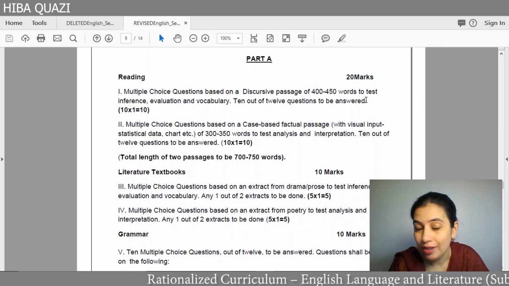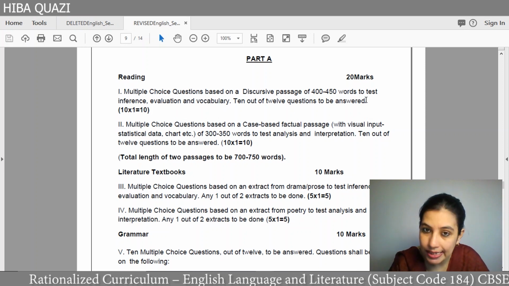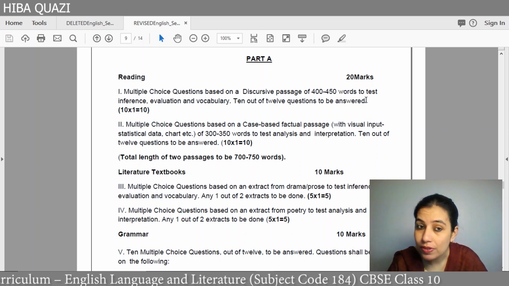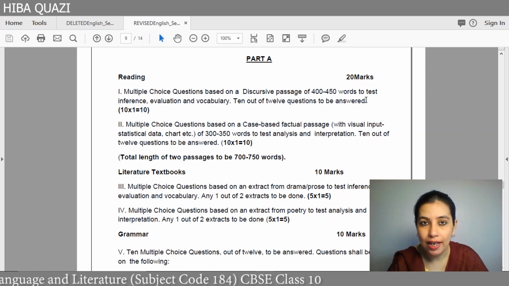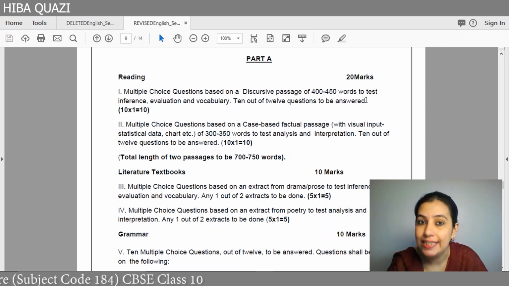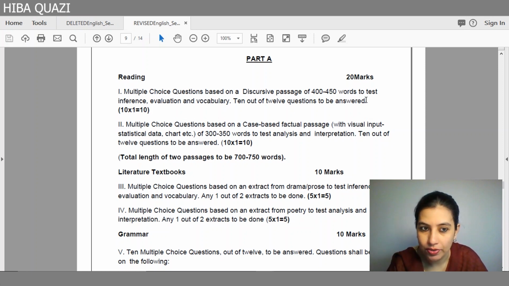If it's wrong, it's wrong. So, multiple choice questions based on a discursive passage of 400 to 450 words to test inference, evaluation, and vocabulary. There are going to be 12 questions out of which you need to solve any 10, 1 mark each. That means the first question in the paper under the reading section carries 10 marks.